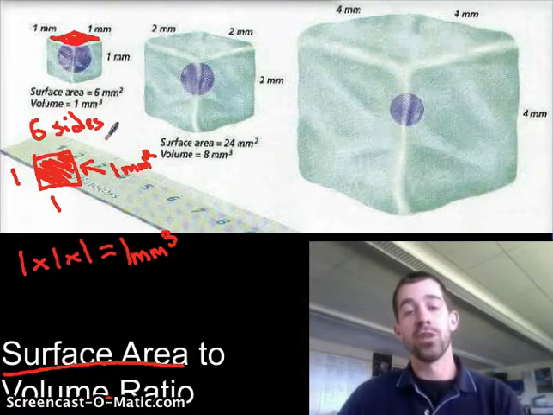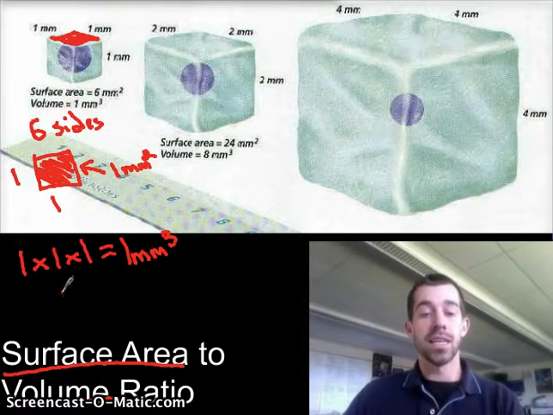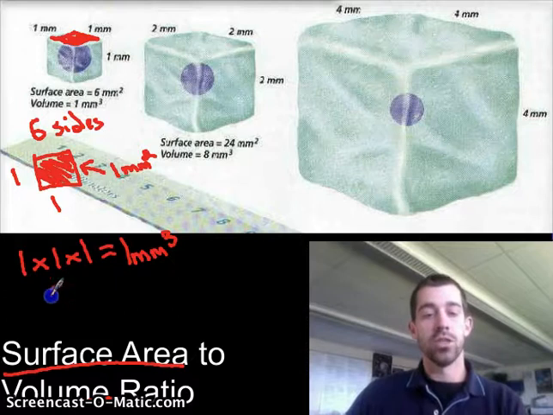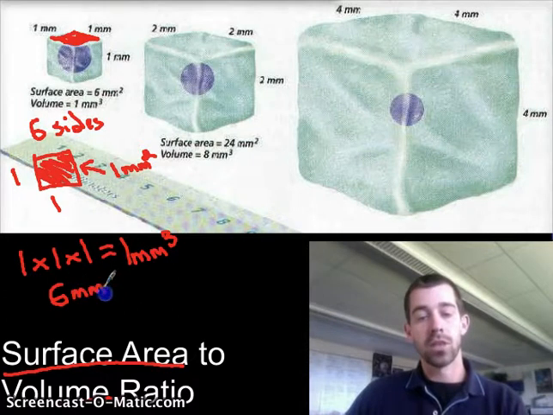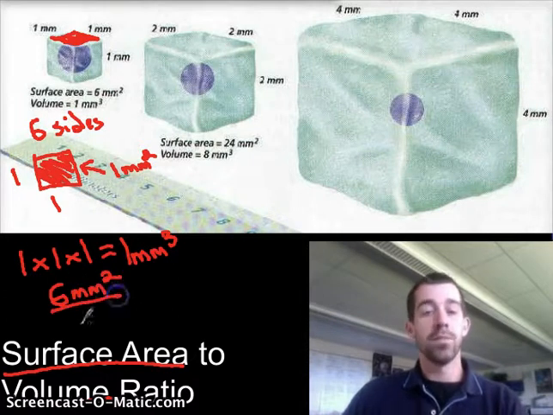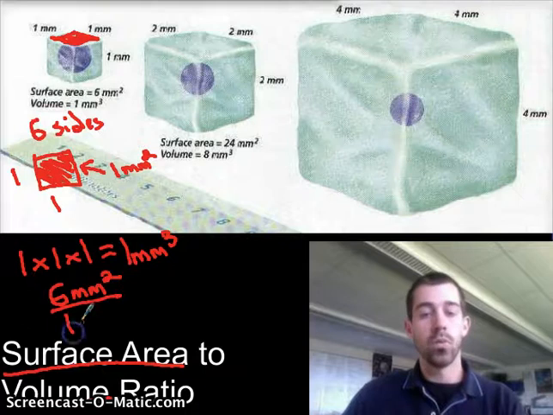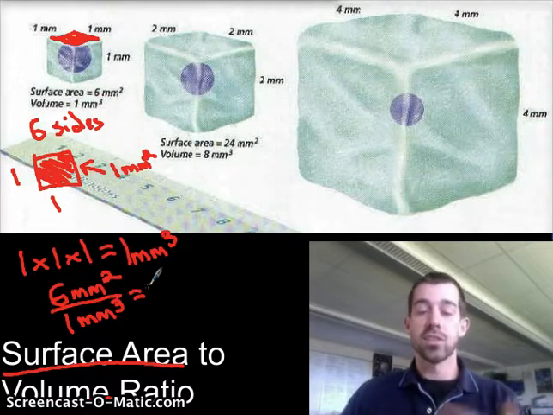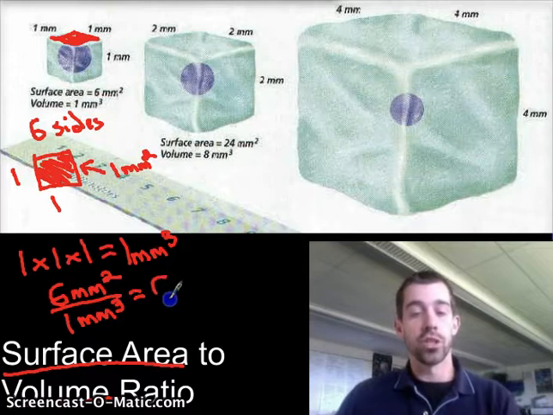Now the surface area to volume ratio we figure out by taking this surface area, which is 6 square millimeters, and dividing it by the volume, which is 1 cubic millimeter. And we find out that this has a surface area to volume ratio of 6.